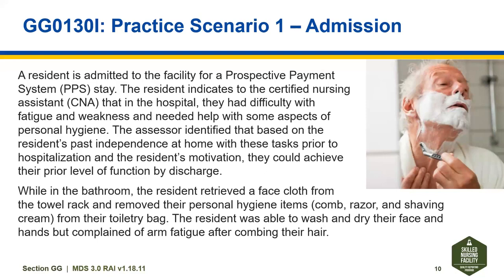While in the bathroom, the resident retrieved a face cloth from the towel rack and removed their personal hygiene items, comb, razor, and shaving cream from their toiletry bag. The resident was able to wash and dry their face and hands, but complained of arm fatigue after combing their hair.